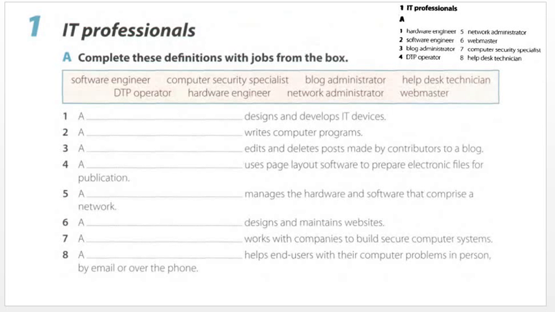Number 3, a blog administrator edits and deletes posts made by contributors to a blog.